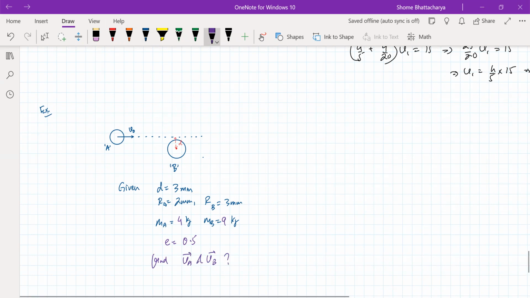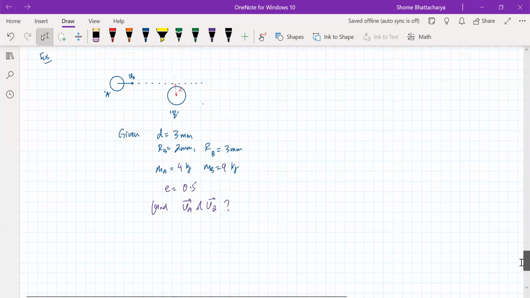Okay, so here we will have to make use of the value of the coefficient of restitution.